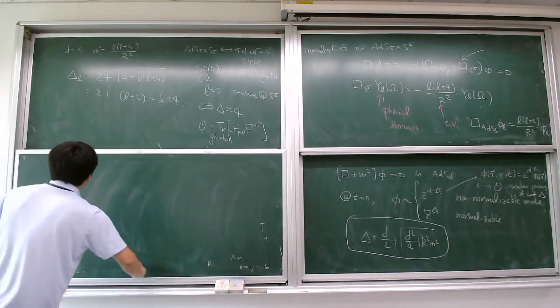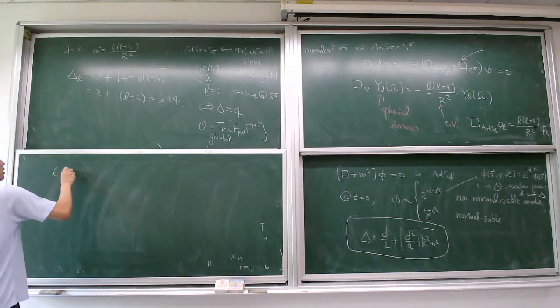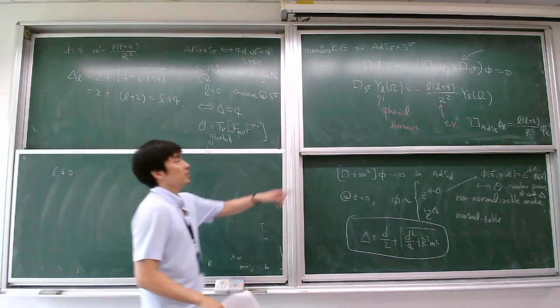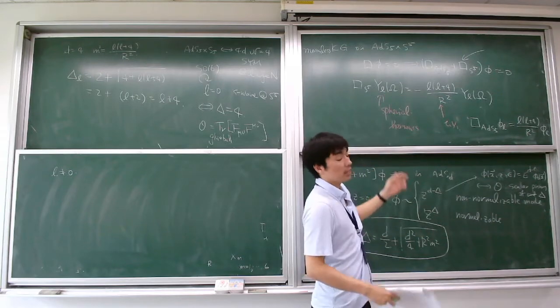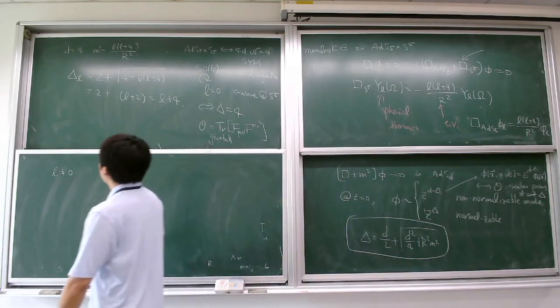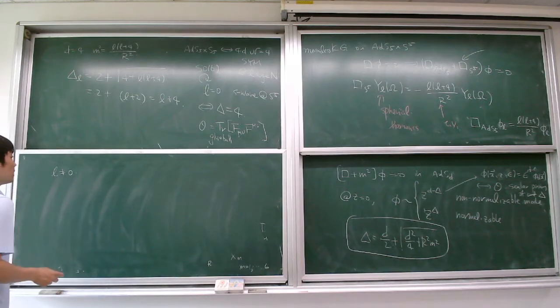The next thing we can do is, of course, higher states. So now L is non-zero. In that case, this spherical harmonic is a representation of SO6.